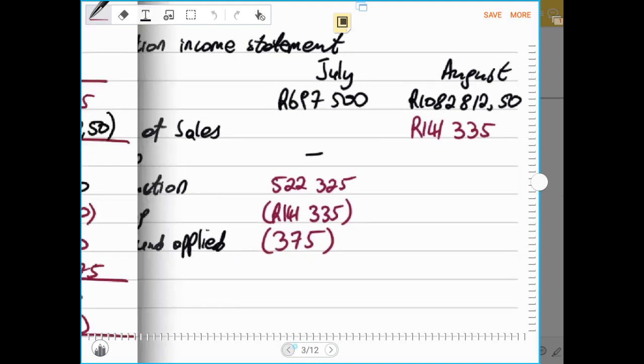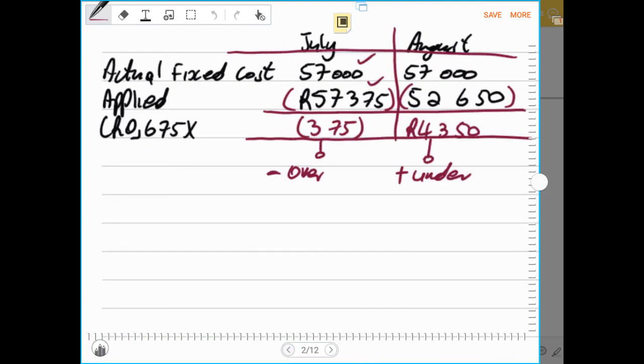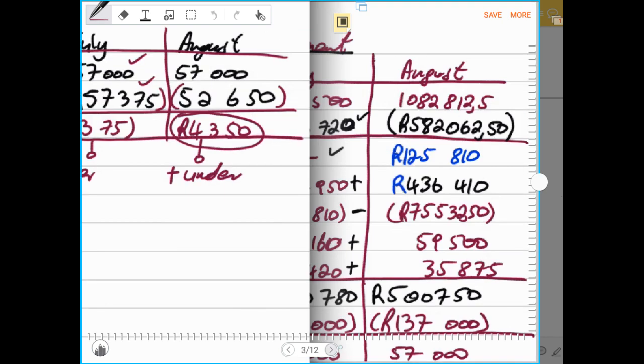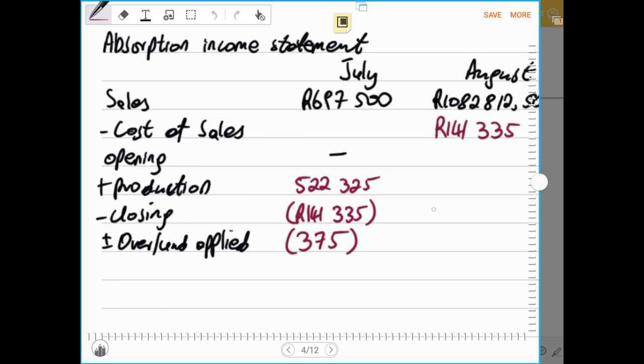And also for the previous month, we realized that there was an under of 4,350, and that 4,350 will be recorded as positive, which is 4,350 rands.